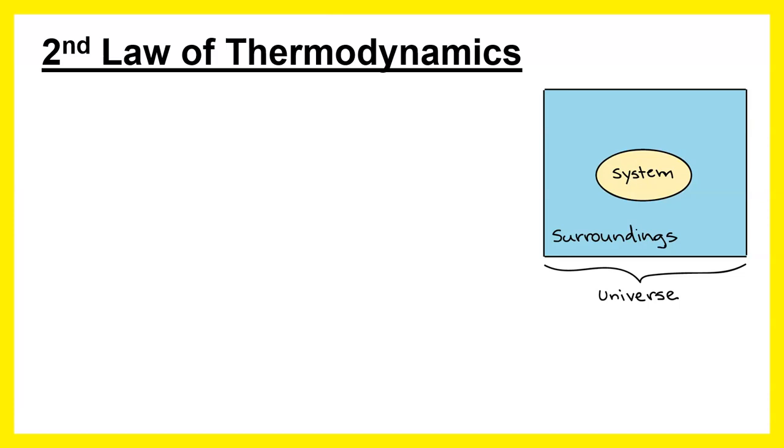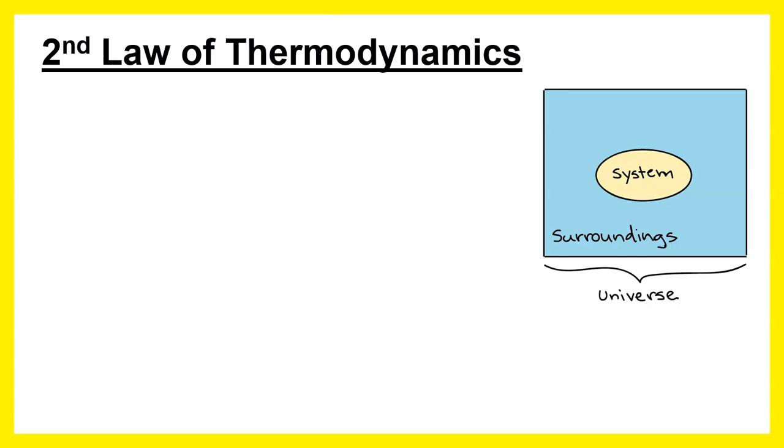But in reality, the surroundings is the entire rest of the universe, okay? So sometimes it can be helpful to think about the universe as a whole to help us understand how the change to entropy of the system connects to the surroundings.